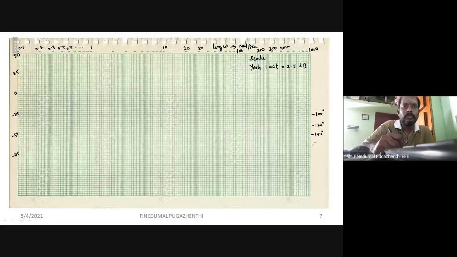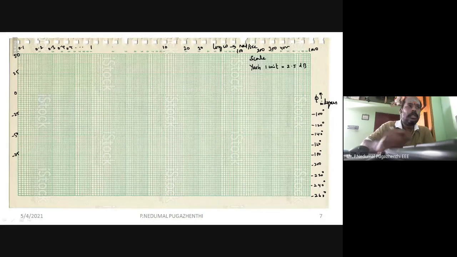So minus 160, minus 180, minus 200, minus 220, minus 240, and minus 260 degrees. So this is angle phi in degrees, and this is magnitude in decibels.